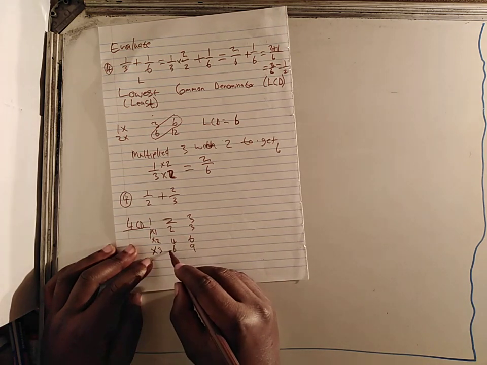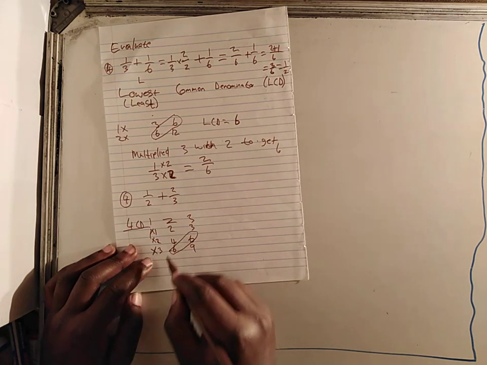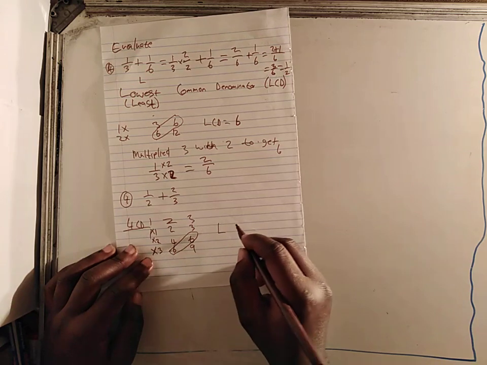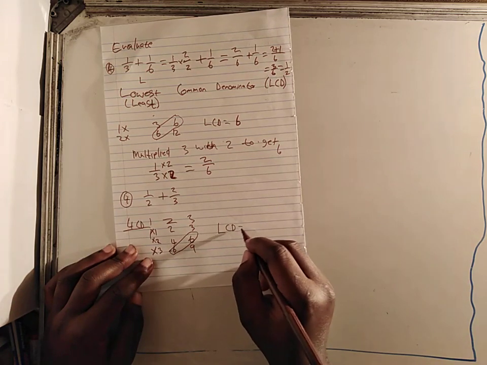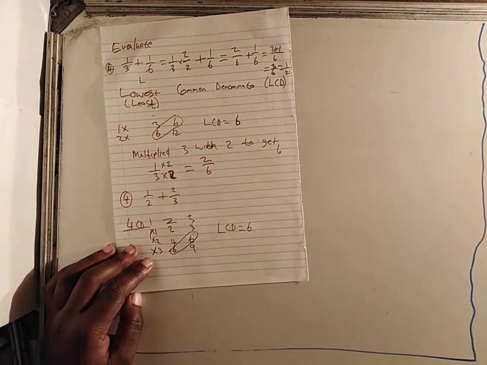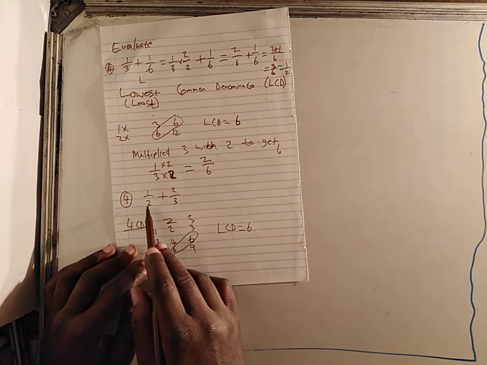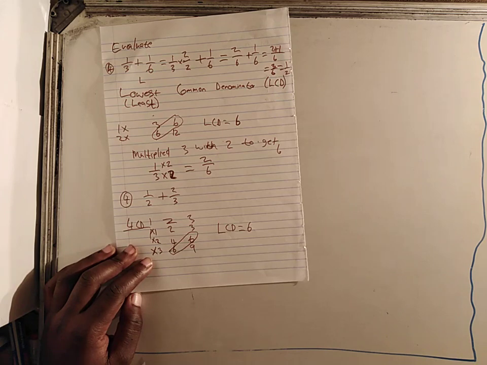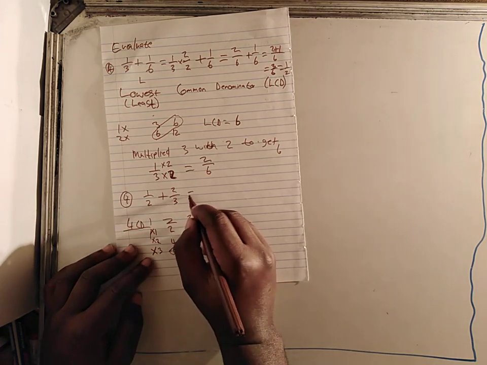So there we go, you've got an LCD. LCD is equal to 6. Now you must make both denominators equal to 6. You remember earlier you had to make only one, but now you must make both. So how do you do that?